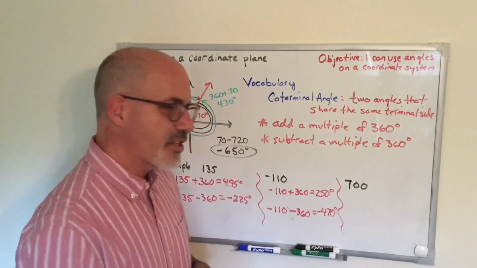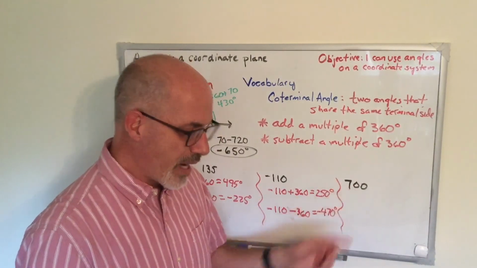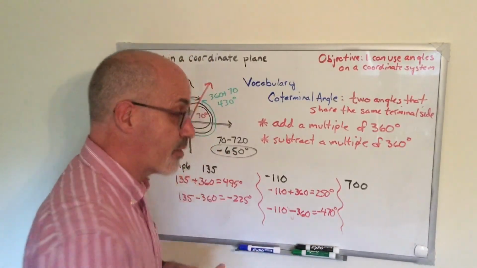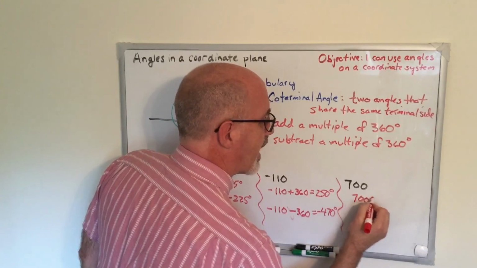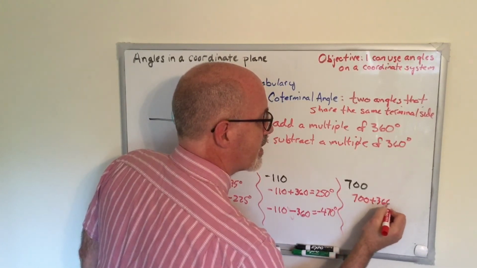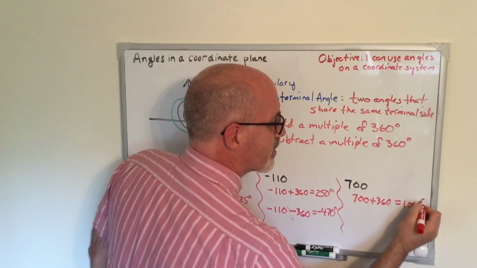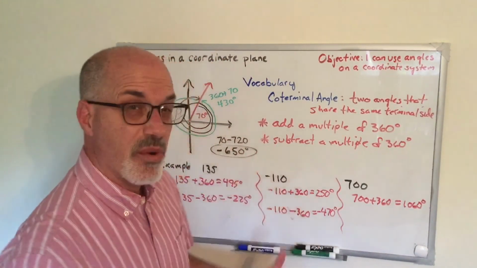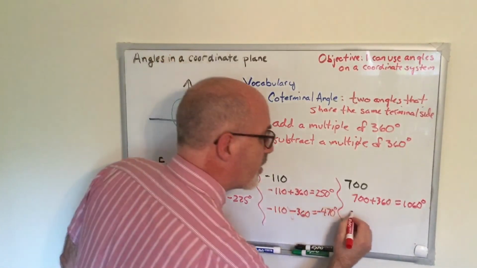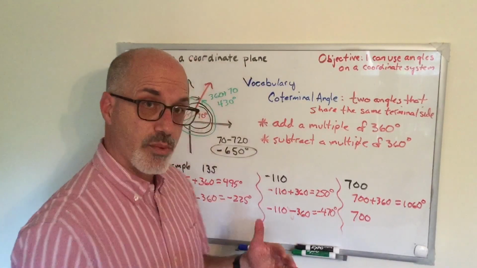Now for this last one, 700, in order to get to a positive, all I have to do is add a 360. So I'm going to take 700 and add 360, and that gets me to 1060 degrees. So that's a positive value that's coterminal with it. But if I want to go negative, with 700, I can't just subtract 360 to get to a negative.